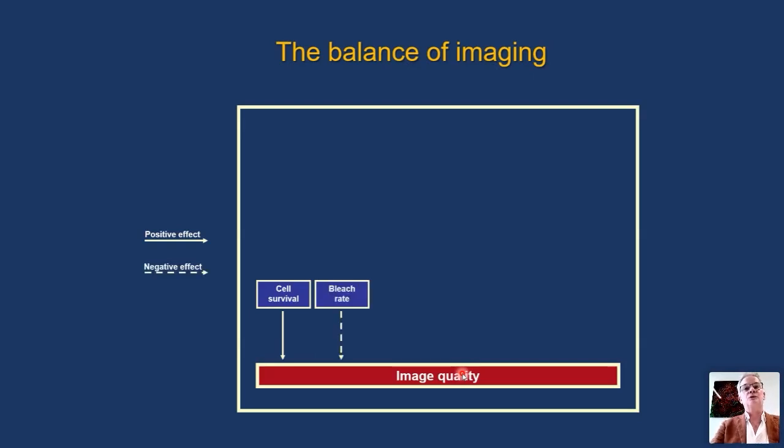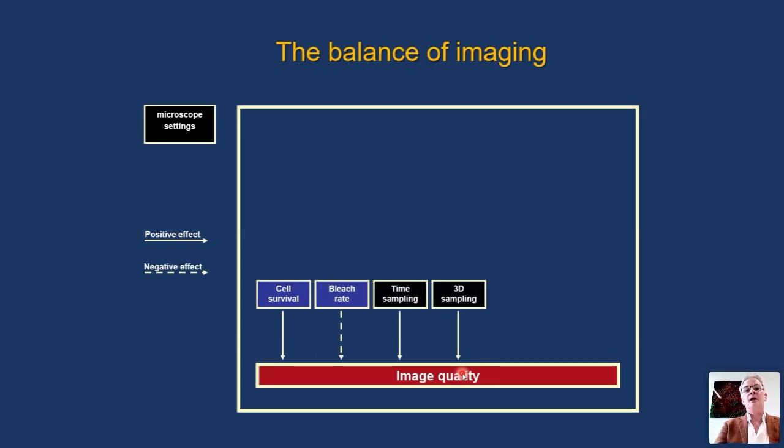You don't want to have photo bleaching. You want to have a high sampling rate. And you want to have a 3D sampling rate, has to be so many X and Y pixels and Z stacks. Now I make these black because this I can tune with the settings of my microscope.